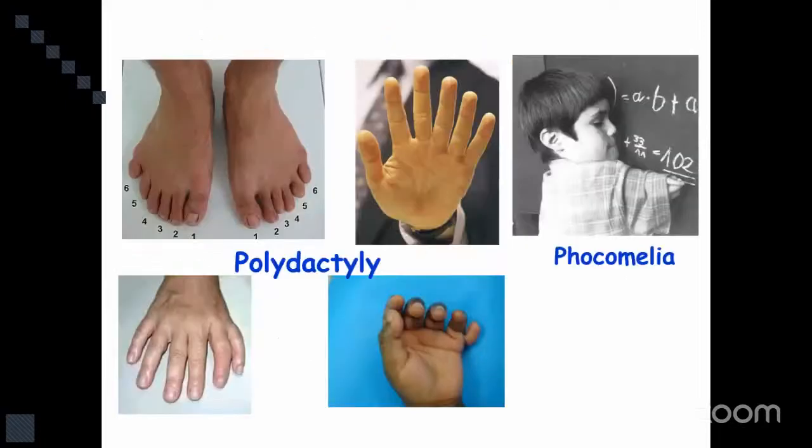Okay. Now, these are classical instances: polydactyly, which is extra fingers; phocomelia, where there may be a problem with the limbs, either a missing limb or abnormal limbs, like you can see in this particular instance. If you look at this particular hand, there are 6 fingers, and the fingers all look normal, so you may not be able to do anything here.